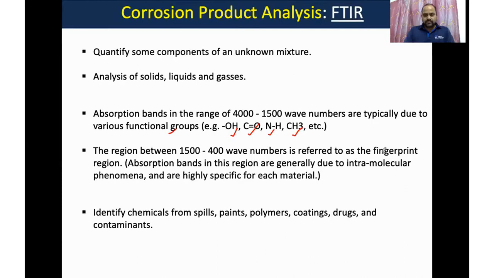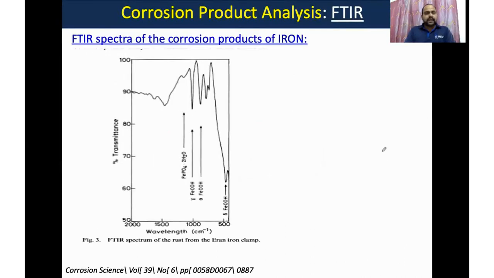Here you can see one data set, the FTIR spectra of the corrosion product of iron. You have already seen earlier, like in the XRD data, what kind of peaks are there. Similarly, here you can see a variety of peaks. They started just from 2000 to 500. Why? It depends upon our choice.